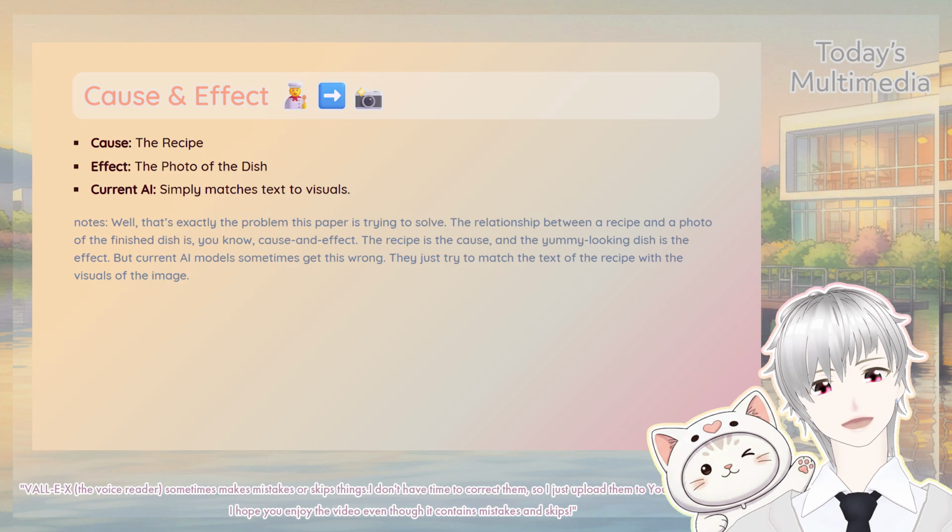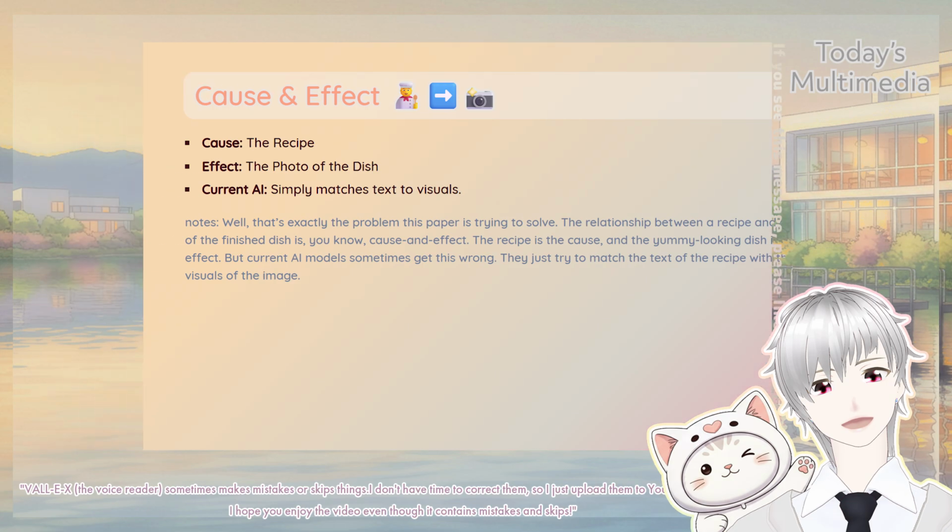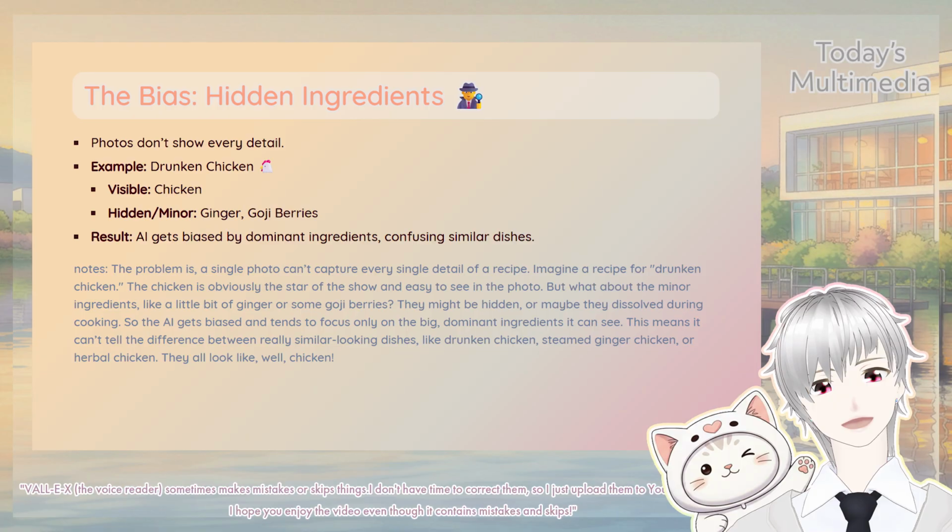They just try to match the text of the recipe with the visuals of the image. The problem is, a single photo can't capture every single detail of a recipe. Imagine a recipe for drunken chicken. Chicken is obviously the star of the show and easy to see in the photo. What about the minor ingredients, like a little bit of ginger or some goji berries?